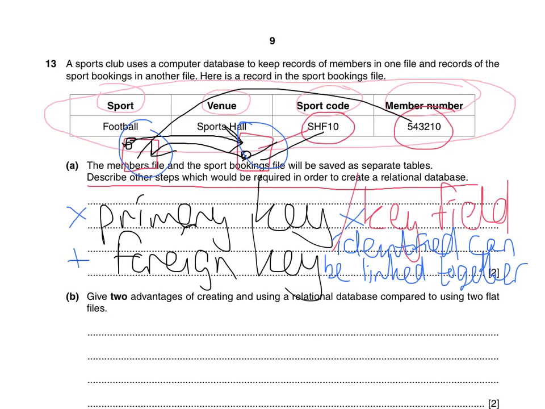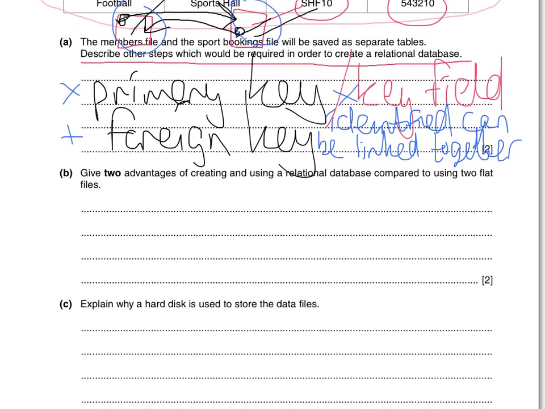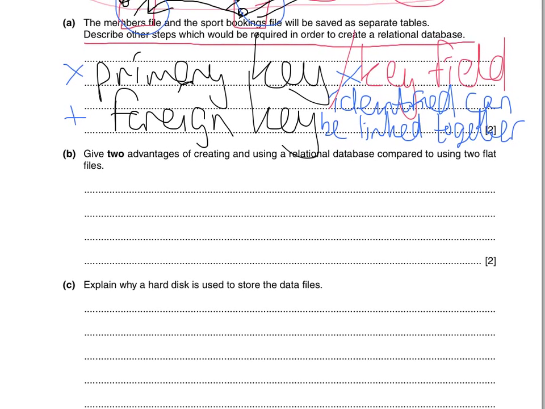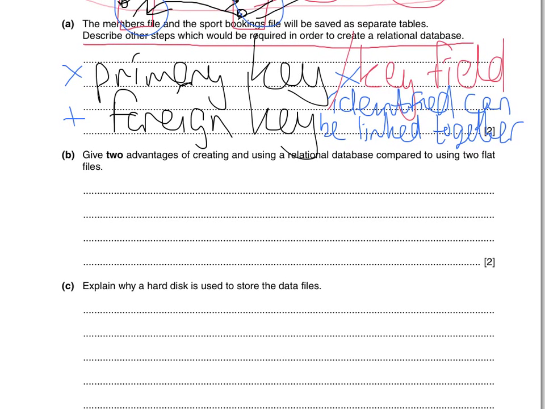Now, the advantages of having a relational database, which is not tested in your practical paper, is so that it saves a lot of time for the user. The reason for this is when you put a member into a database, that data doesn't need to be repeated again. Okay, this is called data duplication.